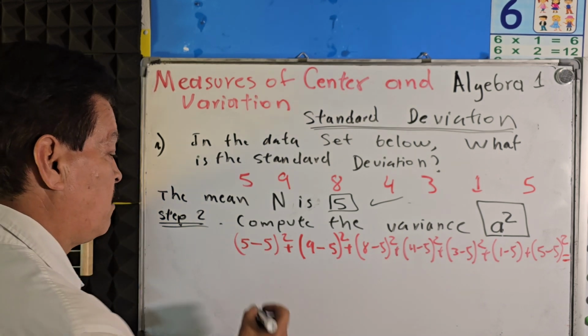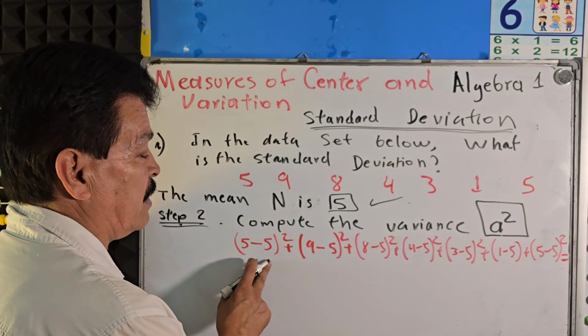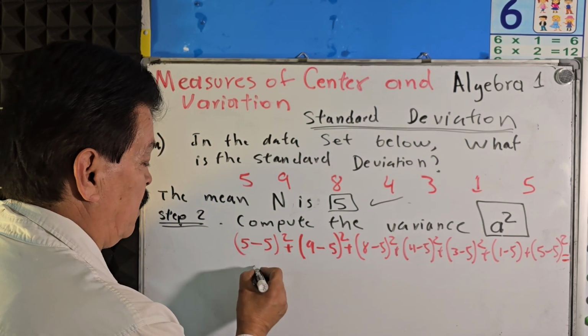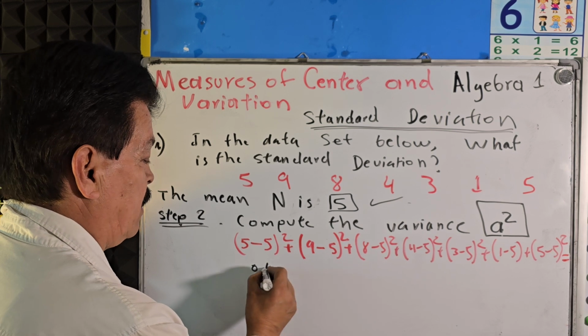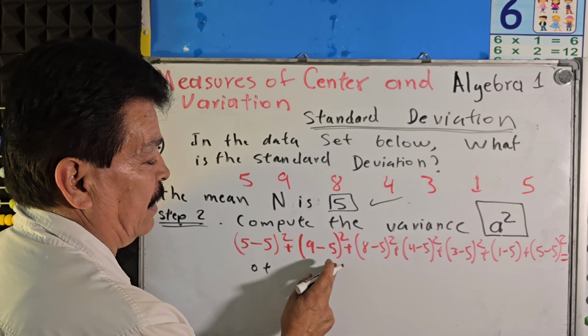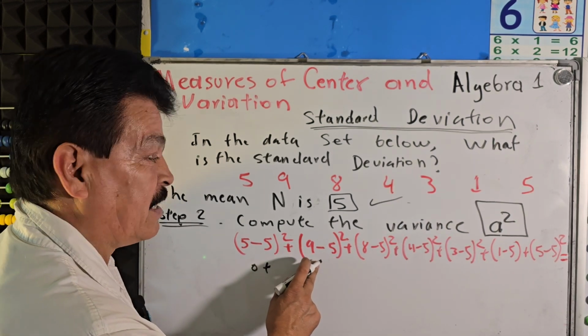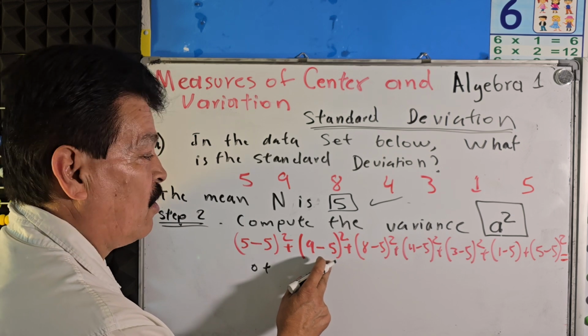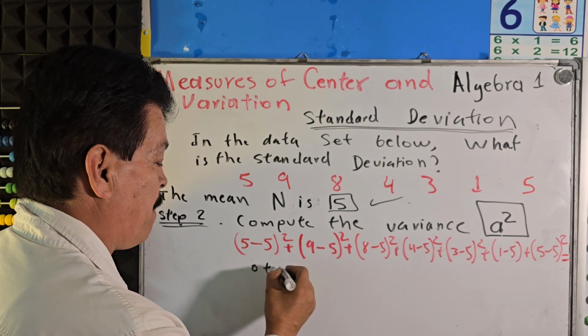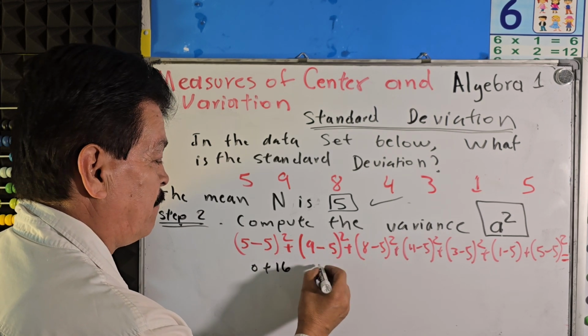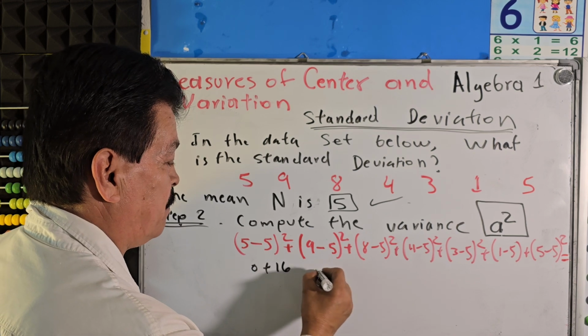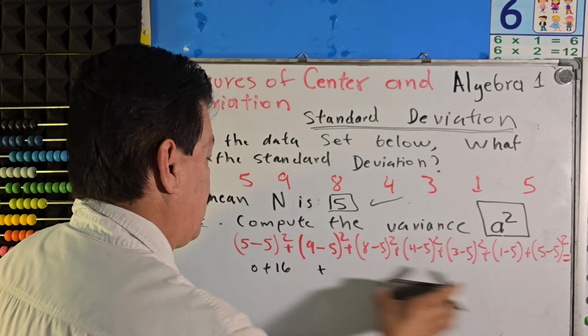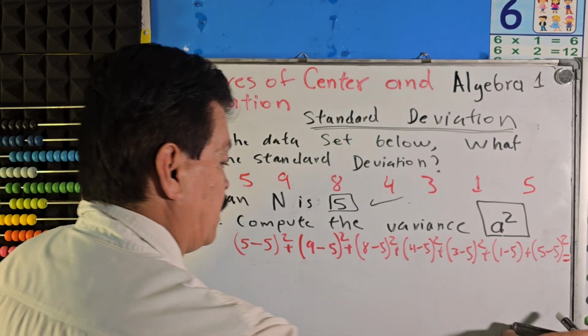Let me try to solve it. We have 5 minus 5 is 0, squared is 0. Plus 9 minus 5 is 4, 4 squared is 16. I will write the answer under each one.